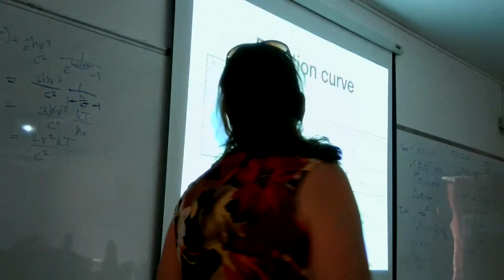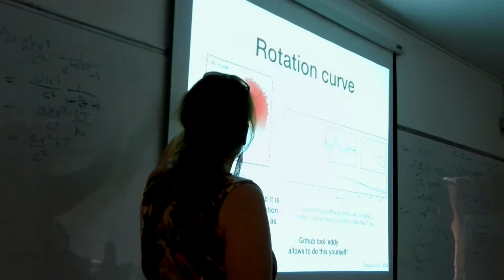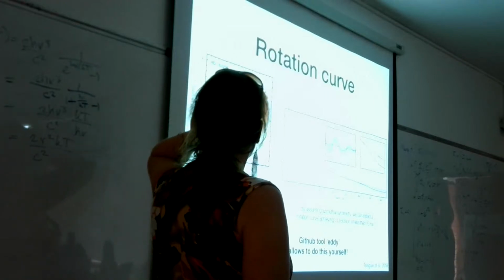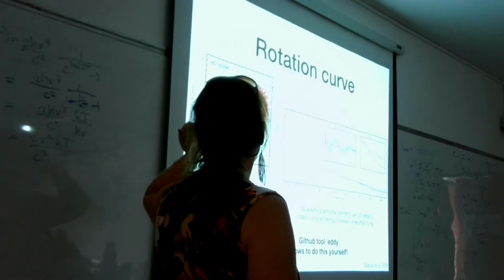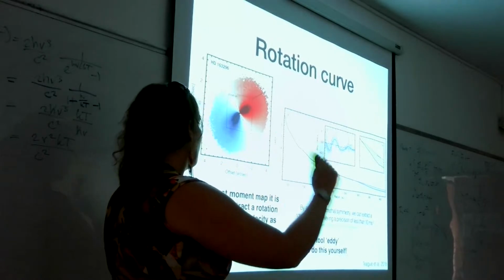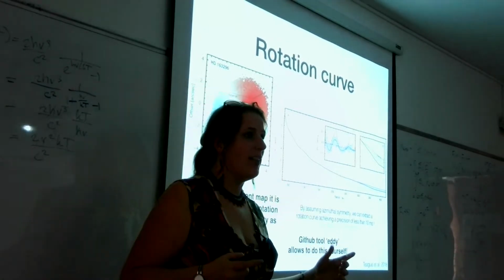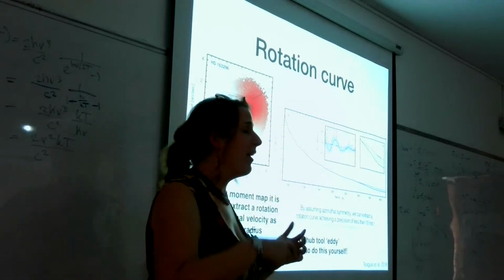Okay. Then it is also possible, when you have the first moment map, to extract the so-called rotation curve, measuring the azimuthal velocity as a function of radius. Of course, you expect this azimuthal velocity to be Keplerian.